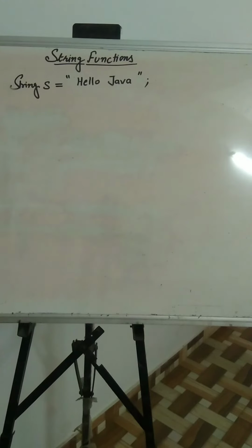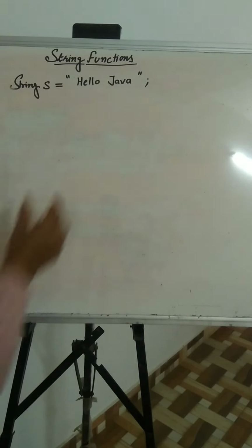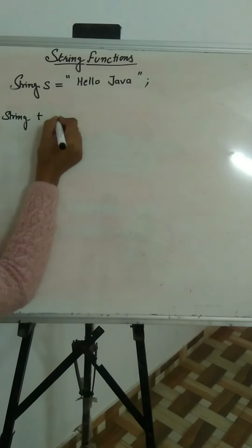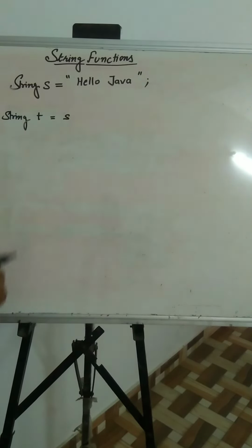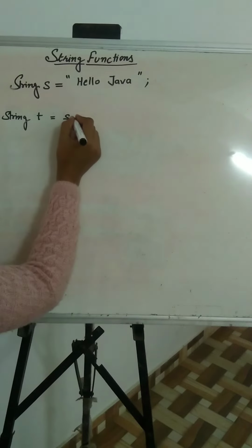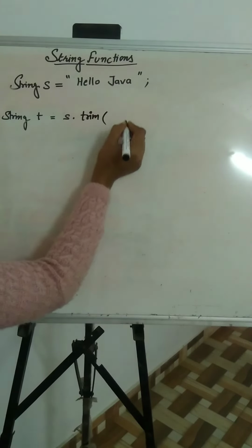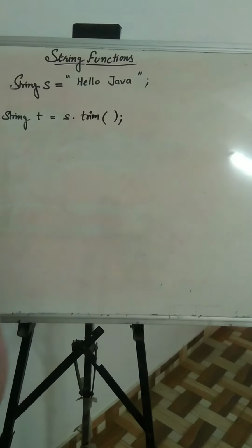How do we write the trim function? It will store the string, so the data type will be String. String t equals, we have to cut the space of the s string. So s dot trim function, simple.